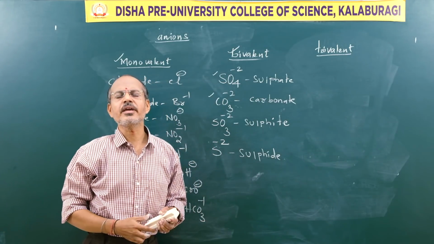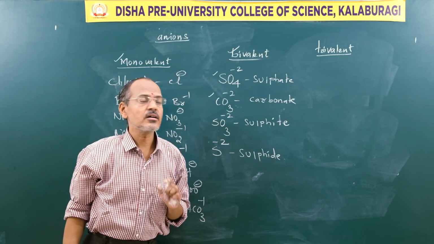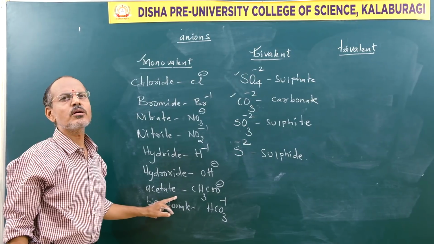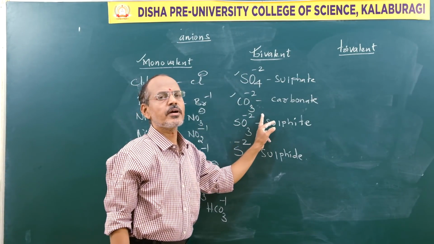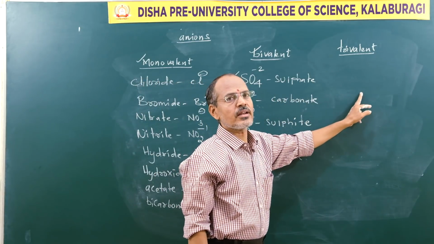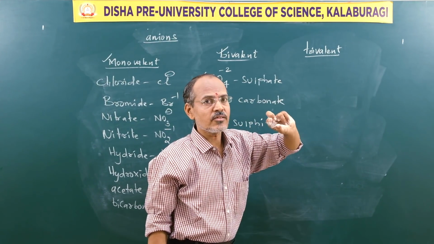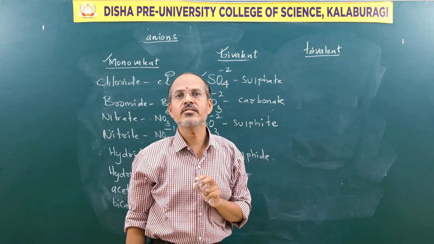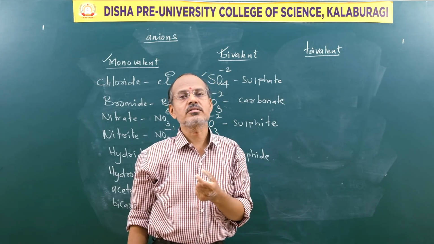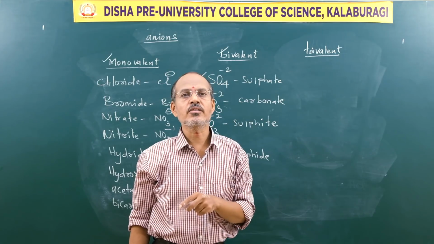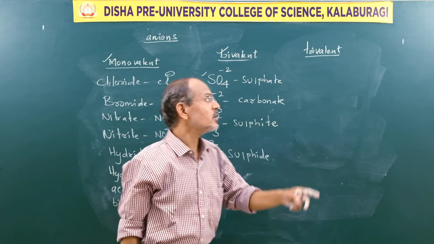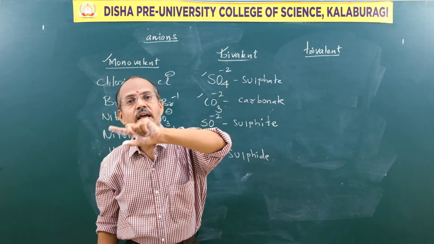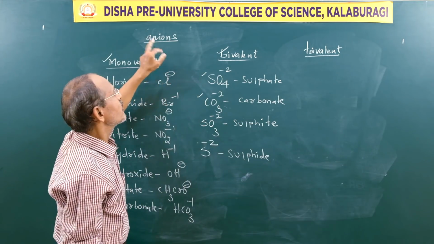The point which is important is, in monovalent you will find more number of ions as compared to bivalent, as compared to trivalent. That means as the electron donating or accepting tendency increases, the number of ions formed will be less. It is because of electron repulsion in case of negatively charged ions, and nucleus and electron attraction in case of cations.